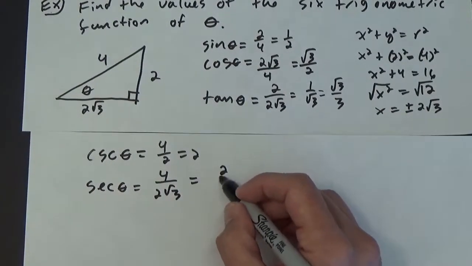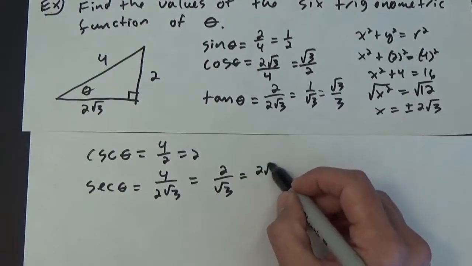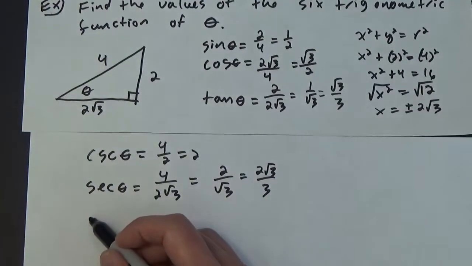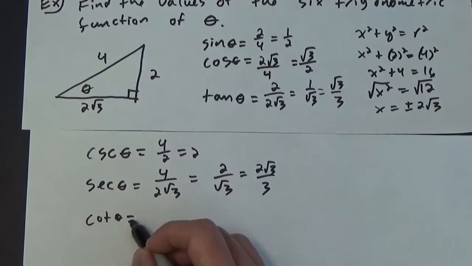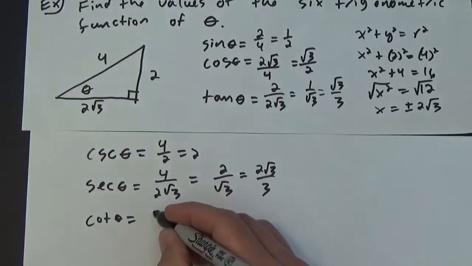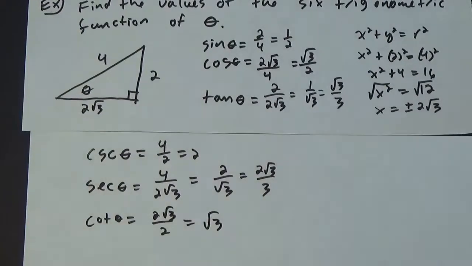So that's going to be 2 over the square root of 3. And we got to rationalize the denominator, so it's 2 square root of 3 over 3. And then the cotangent of theta is x over y, so that's going to be 2 square root of 3 over 2, which is the square root of 3.